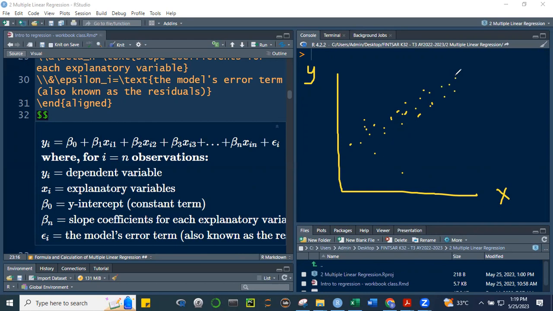Okay. So question, is there a linear relationship between y and x? The answer is, it looks like it. Although there are some points here that are outliers, generally the relationship between y and x seems to be linear. There seems to be a linear relationship, so much so that we can now construct a linear model.